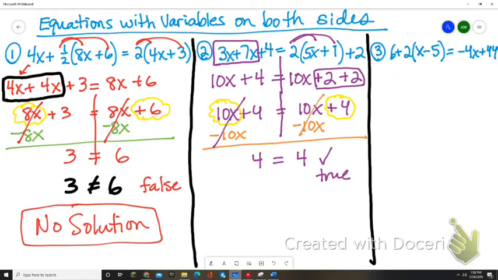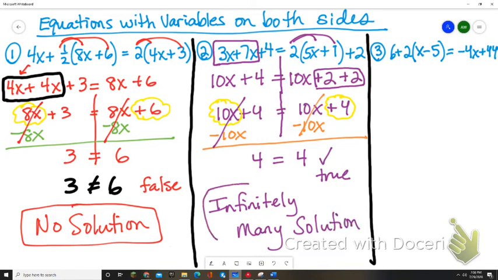And what that means is that you have infinitely many solutions. A solution is any number that you could plug into the original equation for x and it makes your statement true.